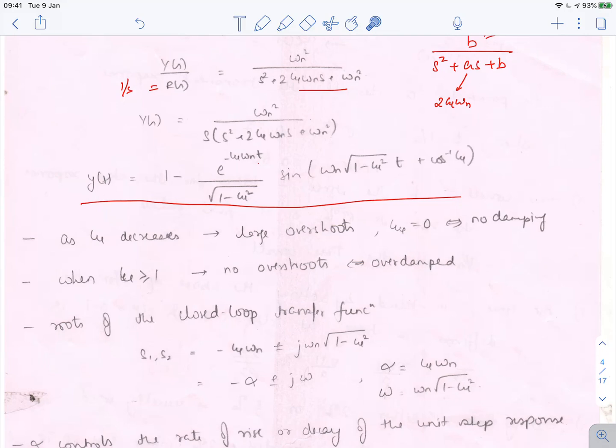Now in this case, as you see, as the value of xi decreases, you would have large overshoots, and this is what we had seen in the previous couple of examples.